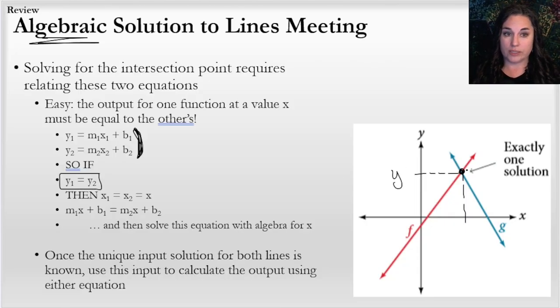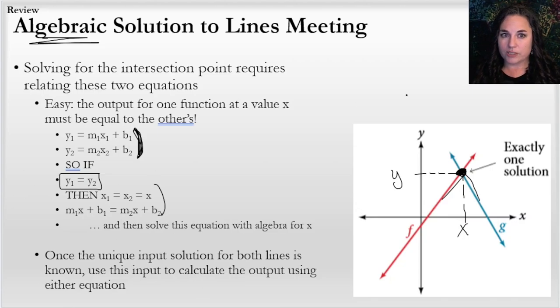Along this line, there's a y value. Along this line, there's a y value, and it corresponds to an x value. So we set those two equal to each other. We can solve for x and then solve for a y value if we needed to. And once we have this unique input solution, for both lines, we can calculate that output.